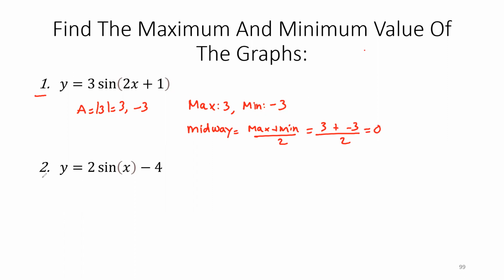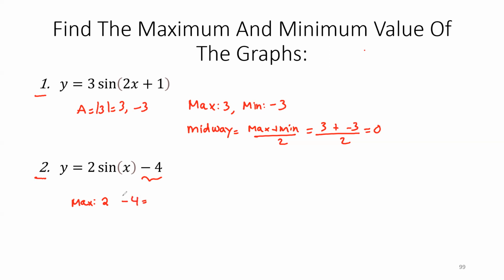And then number 2 states find the max and min. So do we have a vertical shift? Yes, we do. We have it at negative 4, right? So your max is 2, but then you add it with your vertical shift, which is -4.